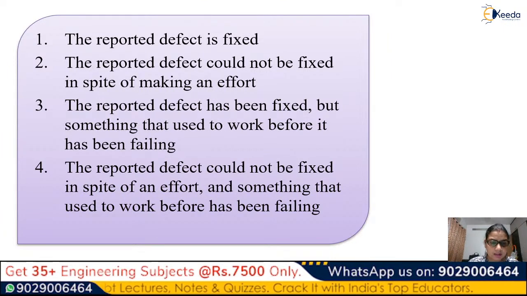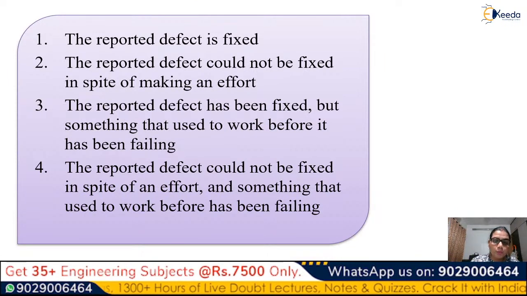which has not been fixed in spite of an effort, sometimes it has been seen that it keeps failing. Now, what happens if the developer has sent me the corrected code and it's working fine, but later I find that the same code is failing again and again? So again I will give it to the developer and ask the developer, please fix this code. So these are the things that may happen or might be encountered. Yes, this can happen.